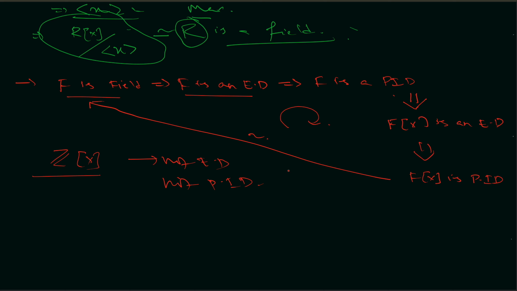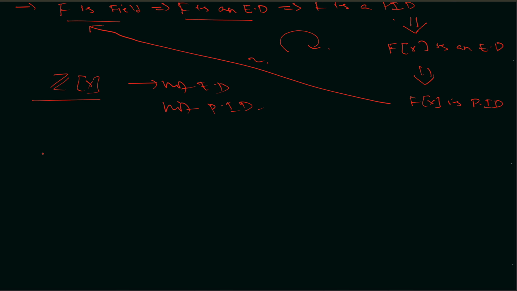Okay, so F[x] is a field if and only if F[x] is a PID, if and only if F is a field, if and only if F[x] is an ED.